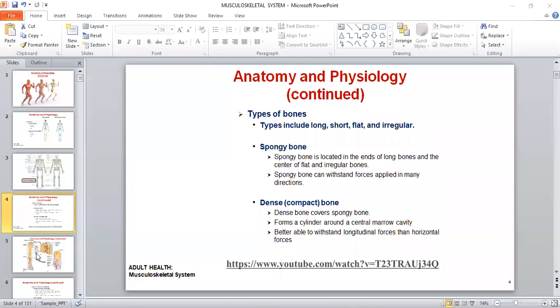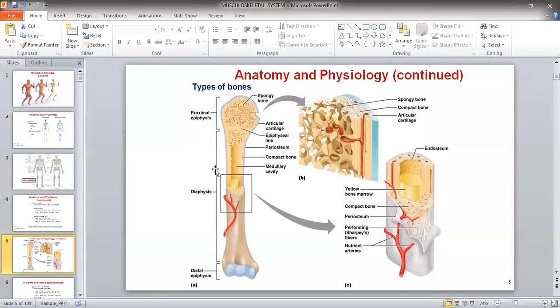And here it shows how they work together. As I told you, in the musculoskeletal system there is a collaboration between bones and muscle, associated with tendon, ligament, and cartilage.